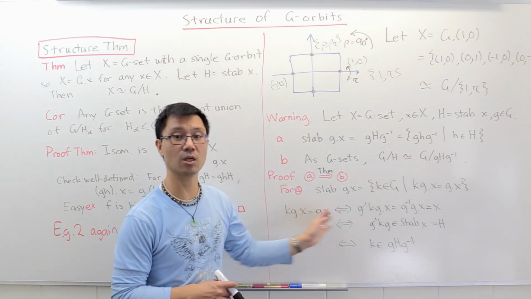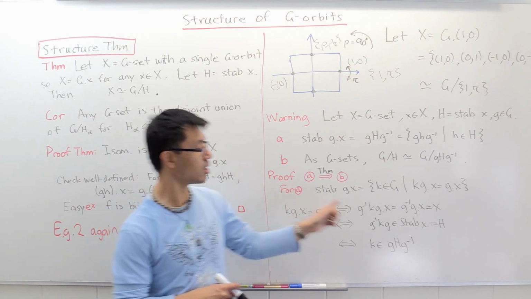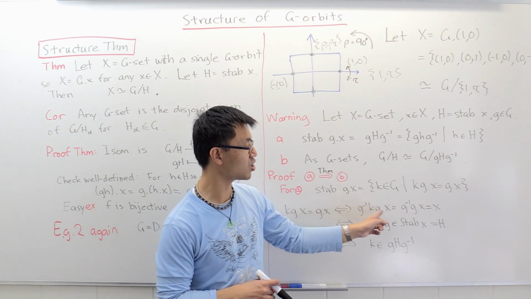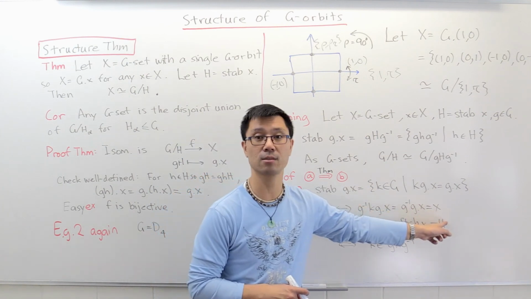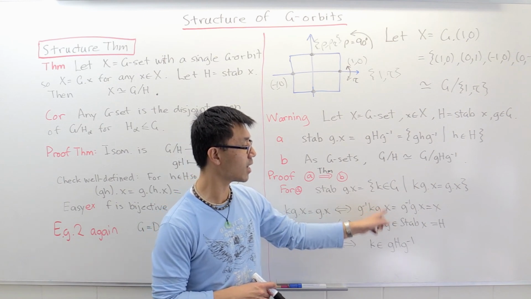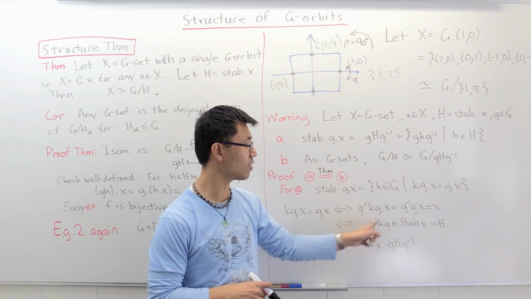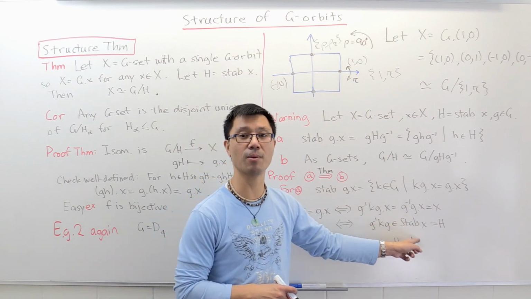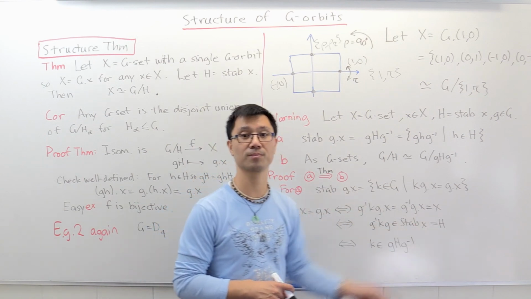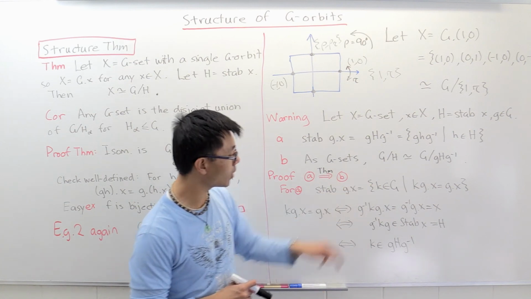So in other words, in this equation you can basically move the G over to the other side to say it's equivalent to G inverse KG dot X is equal to X. In other words, this element G inverse KG, when you apply it to X, stabilizes X. So that just means that this element G inverse KG is inside the stabilizer of X, which is just H. Okay, so it's just inside H. And what were we interested in?